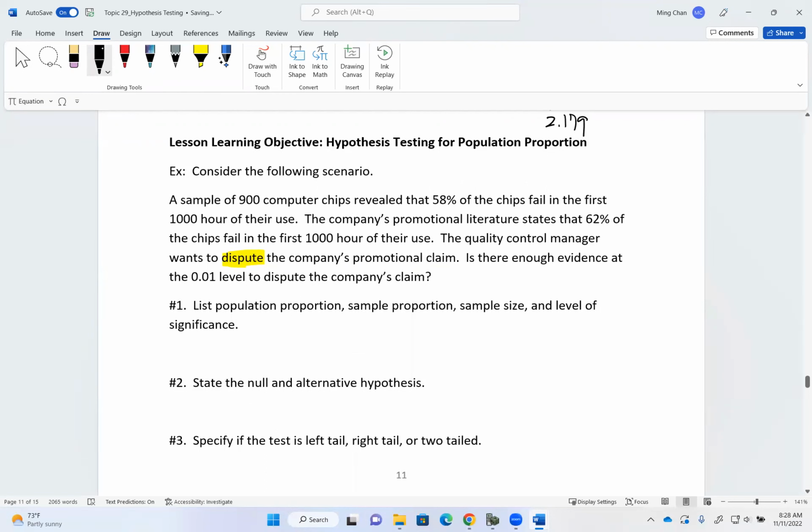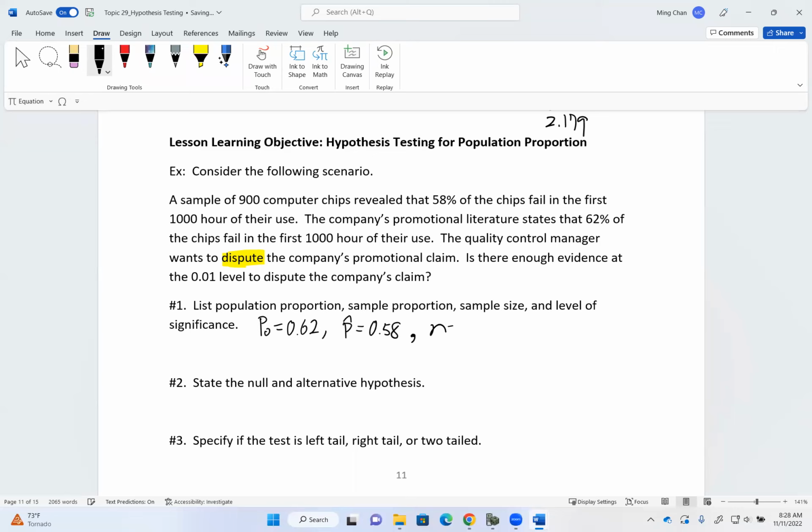Your population proportion p null they're claiming is 62%, 0.62. Your sample proportion p hat is 58%, 0.58, because that's from the sample of 900.